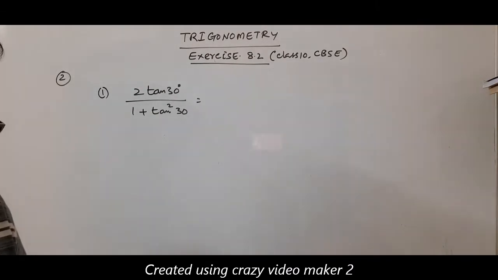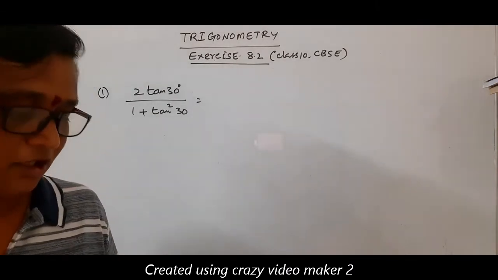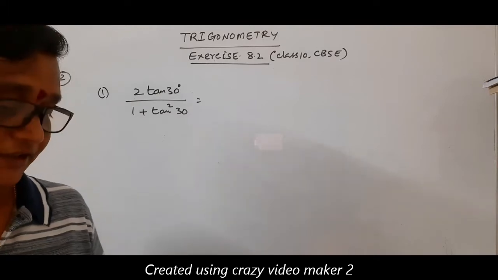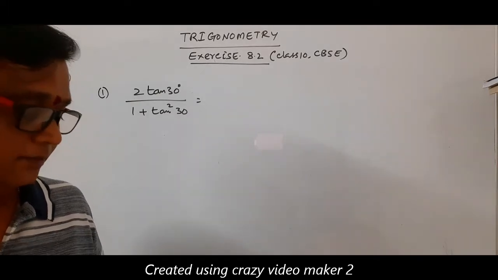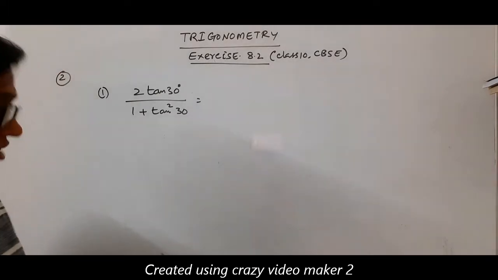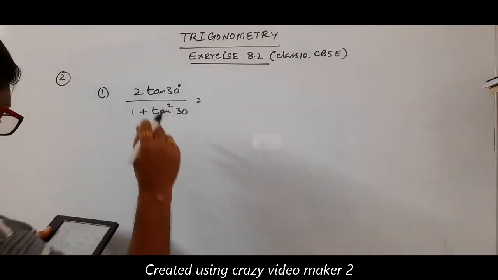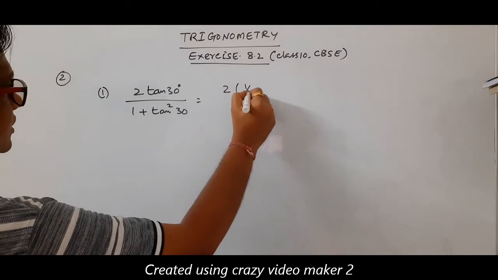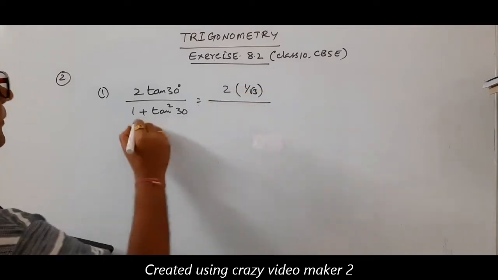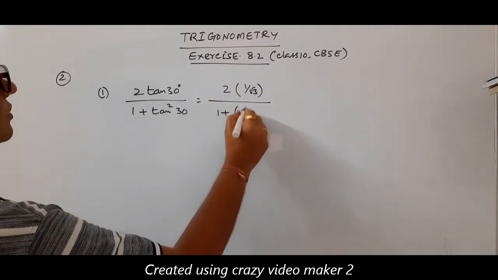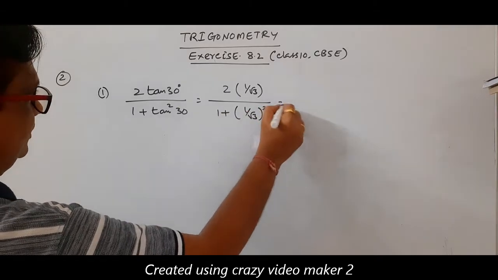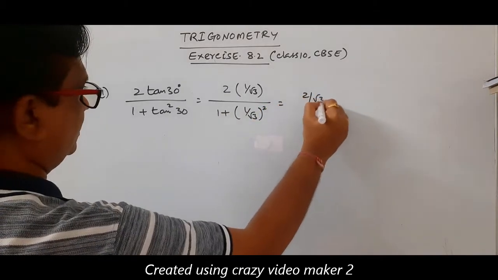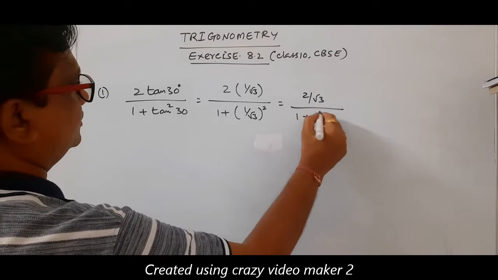In the second question, choose the correct option and justify your choice. 2 tan 30 by 1 plus tan square 30. So 2 tan 30 means 2 into tan 30, which is 1 by root 3, by 1 plus 1 by root 3 whole square. So 2 by root 3 by 1 plus 1 by 3.